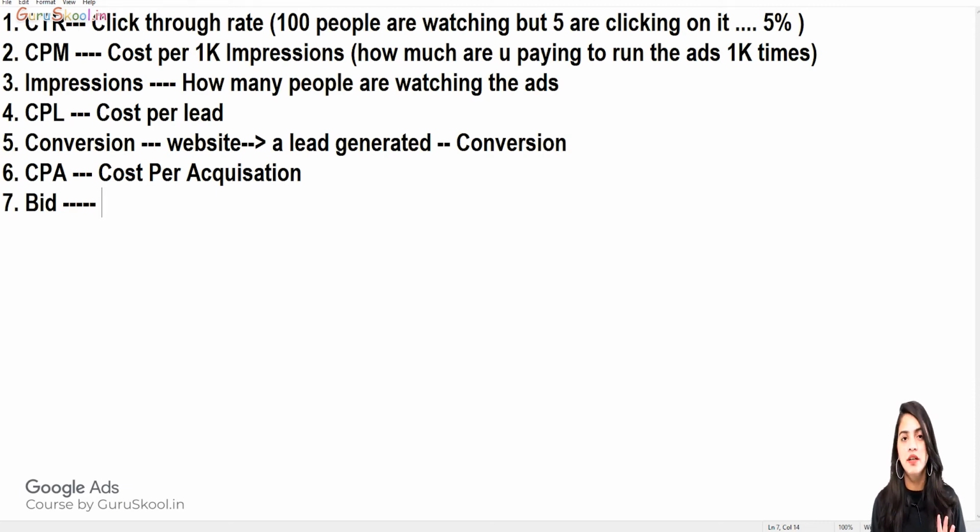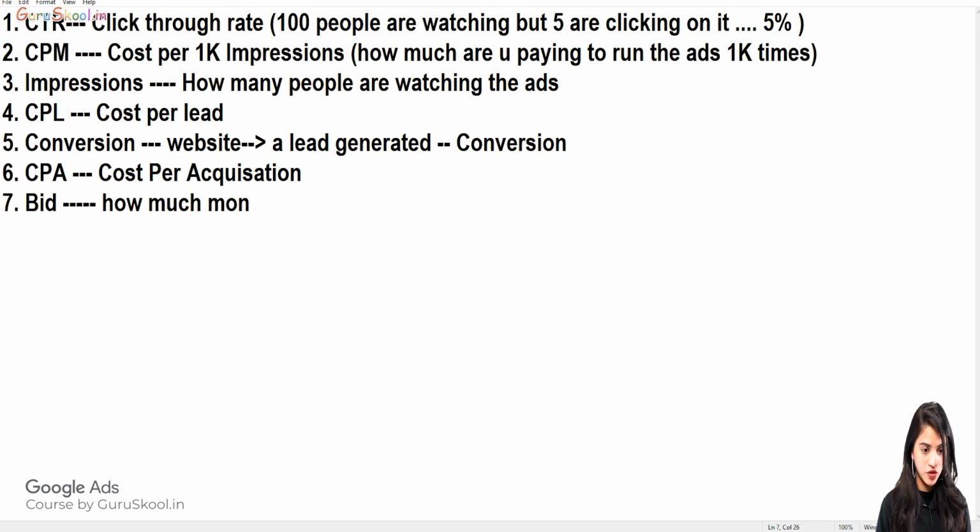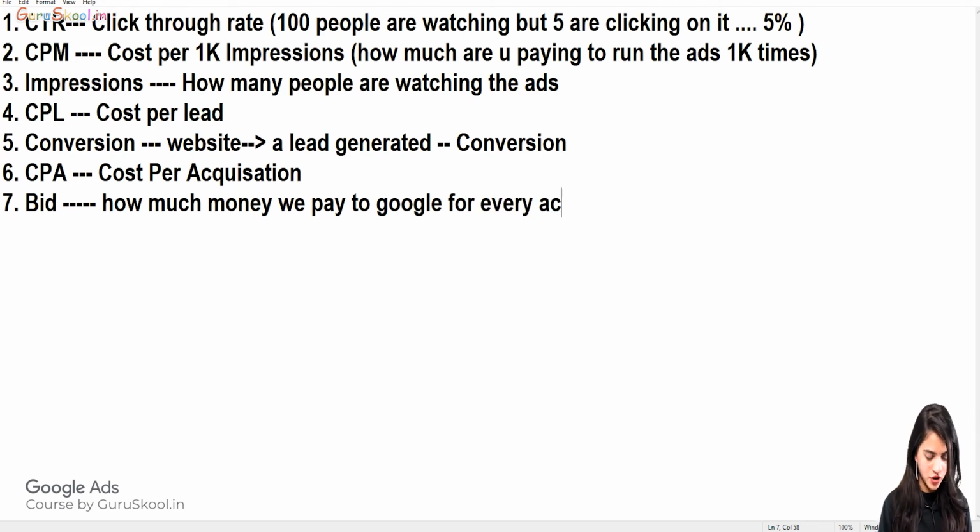This is called bidding. So we can say it is how much money we pay to Google for every action.